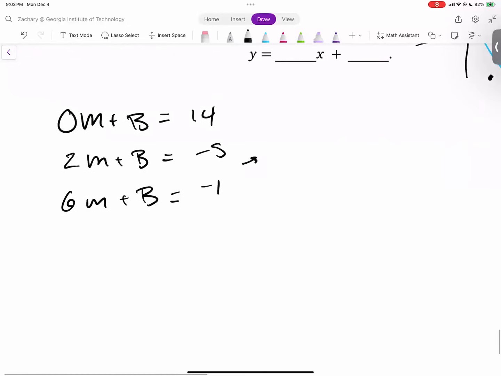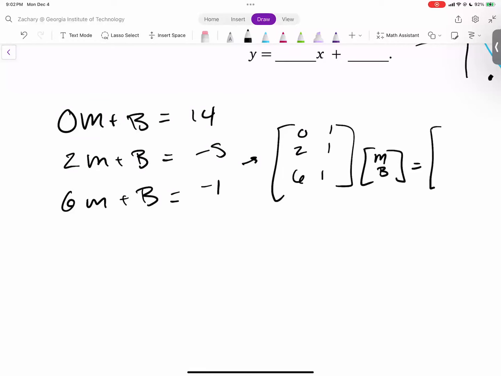So what we can write from here is the matrix 0, 1, 2, 1, 6, 1 times the vector m, b equals 14, -5, -1.